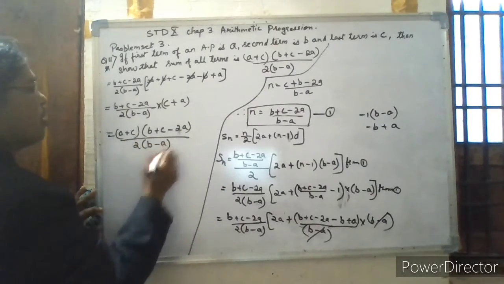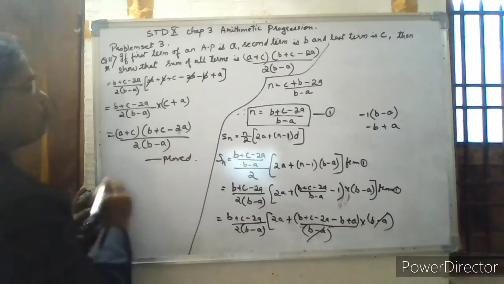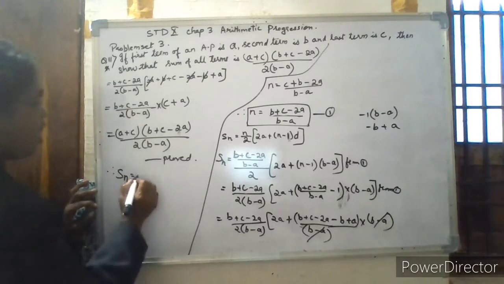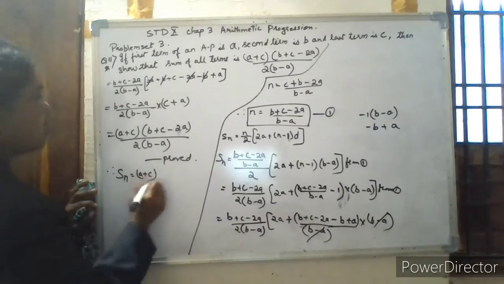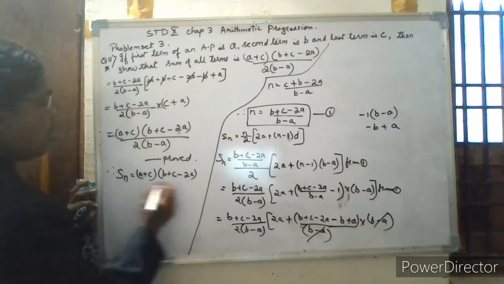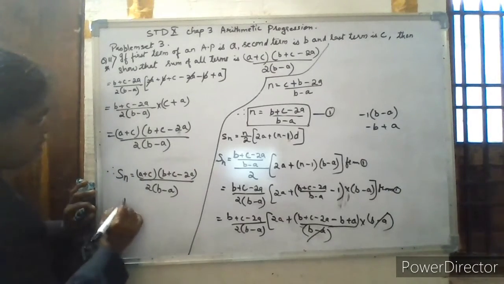This is proved. This is what we had to prove. Therefore, the sum of n terms is equal to a plus c into b plus c minus 2a upon 2 into b minus a. Hence proved.